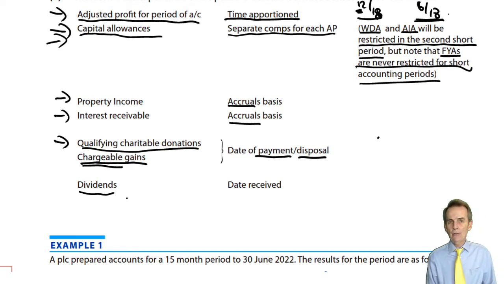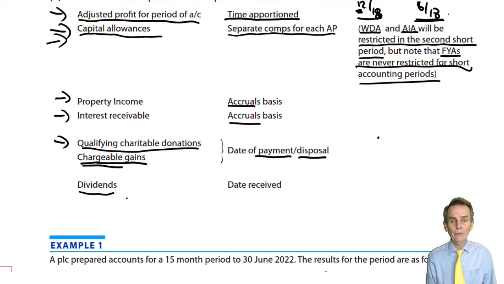And that limit, of course, as we know, is 1.5 million, but remember that's based on a 12-month accounting period. So in the second accounting period, it too would need to be time apportioned to know whether or not you were large. It makes no difference to the calculation of the corporation tax.